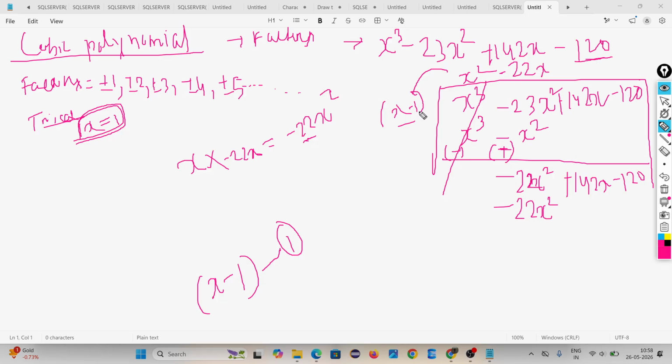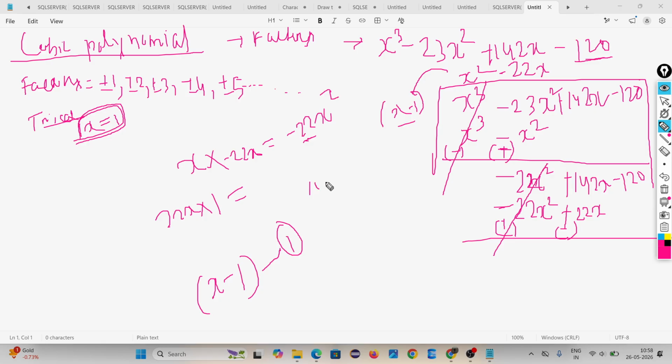Then minus 22x into 1 will be minus 22x. Change the symbol. Here plus minus. Minus 22x square plus 22x square cancel.